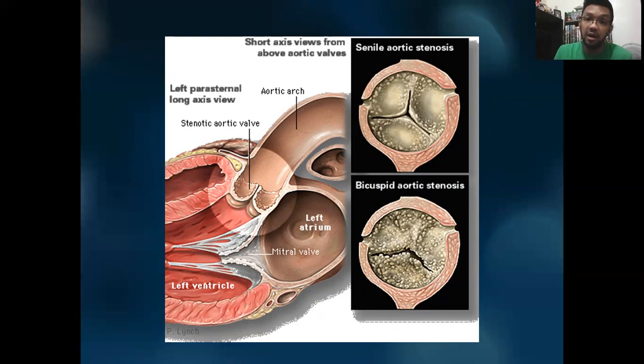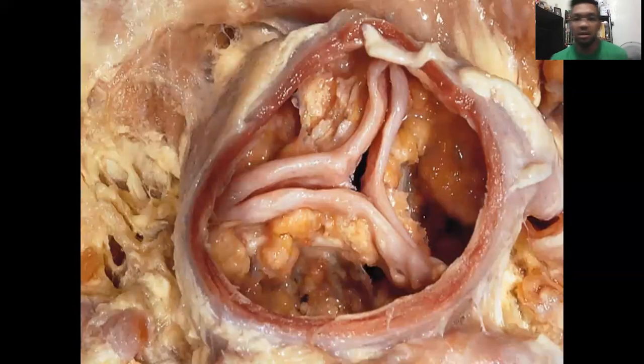If they harden, this valve will have a hard time opening, allowing blood to pass through. So for senile aortic stenosis or bicuspid aortic stenosis, this can occur. As you can see here, this valve has plaque formations on it, causing aortic stenosis to occur.